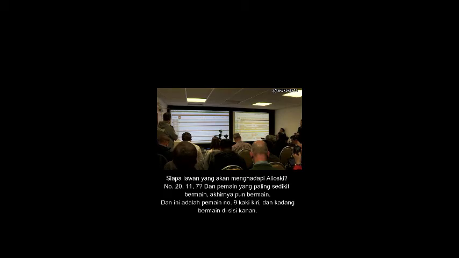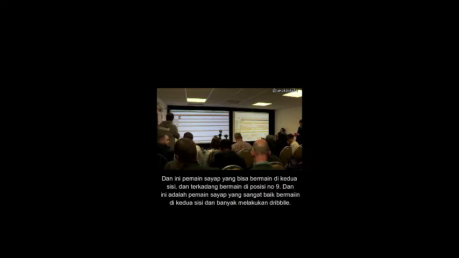Number 20, number 11, number 7, and the player who played the least minutes was the one who ended up playing. But we showed him 2 or 3 minutes. This is a number 9, left footed, and sometimes he plays on the right.